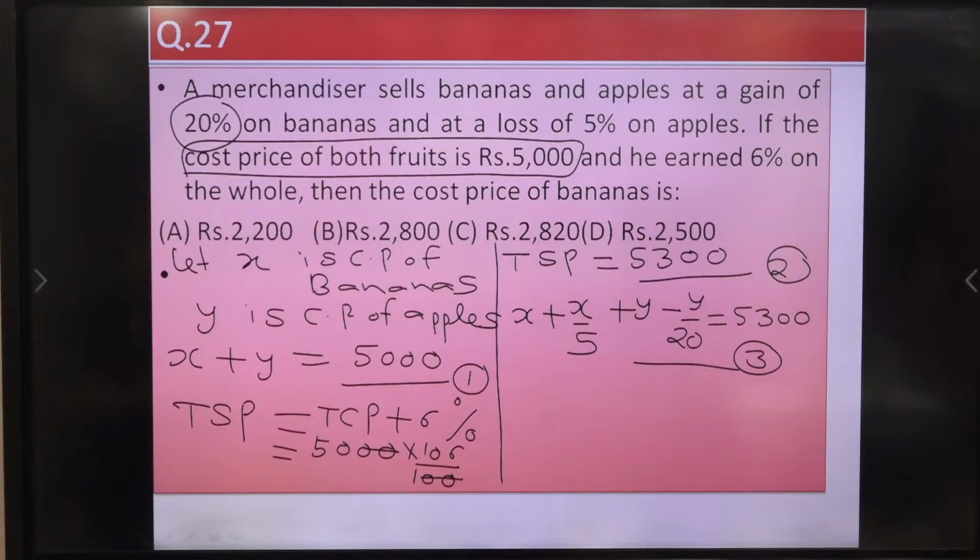So please tell me the answer. Any other student, please confirm. By solving two equations, you can easily calculate this now. Okay. So 2200 is going to be the right answer.